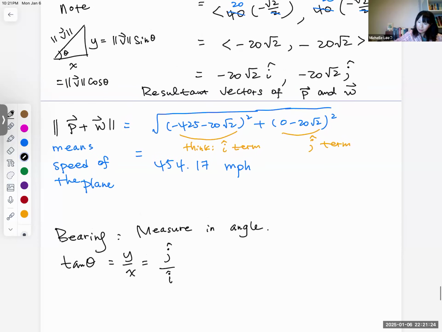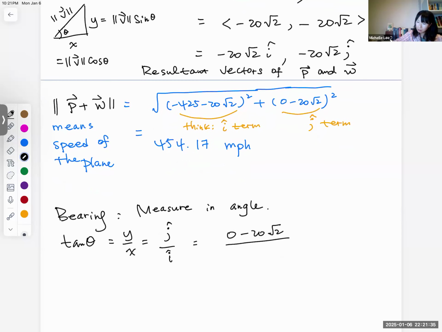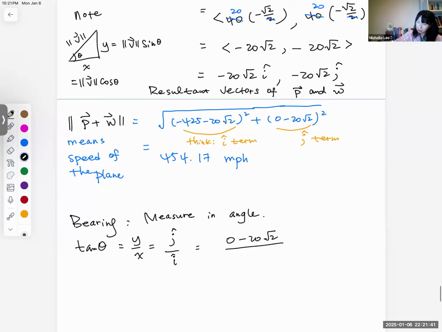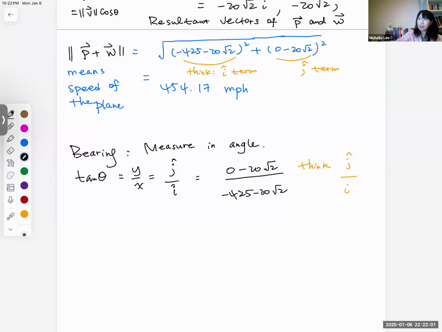So we have j hat: 0 minus 20 square root of 2. I'm just writing the 0 for you, otherwise you might get confused. And i hat: negative 425 minus 20 square root of 2. Then we get 0.0623.